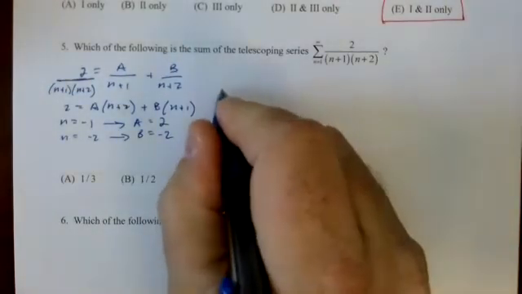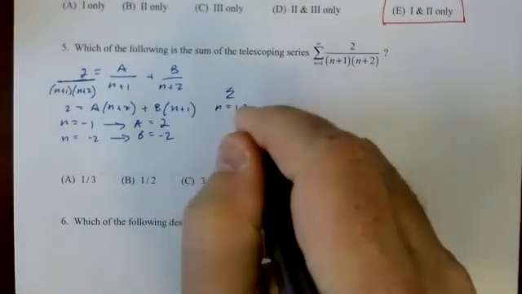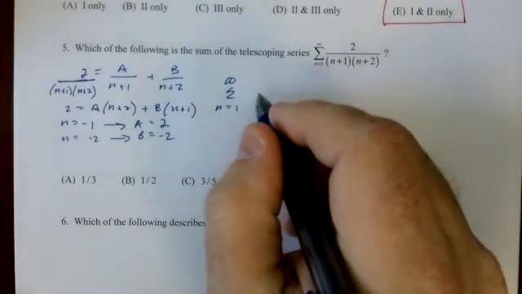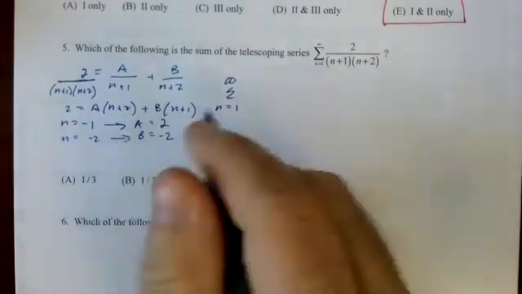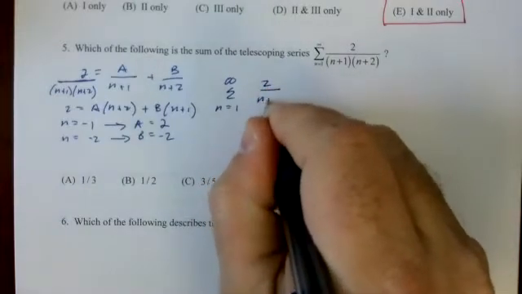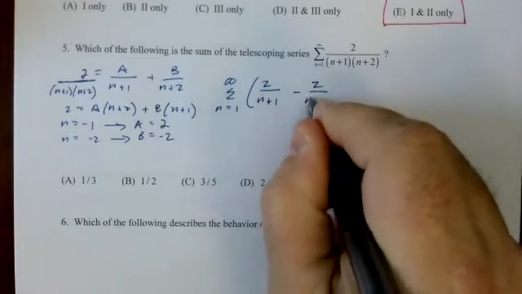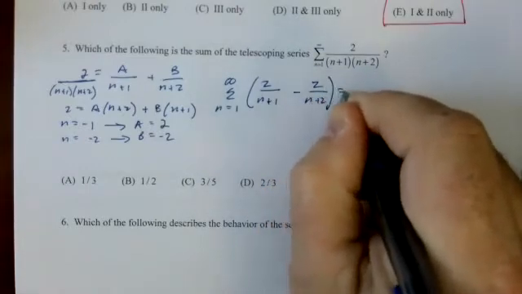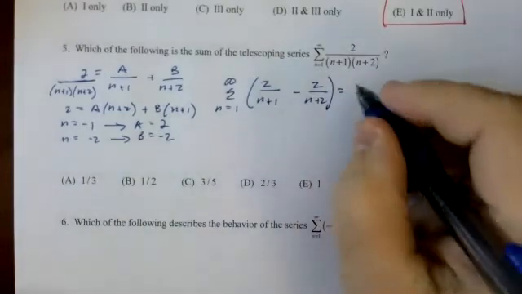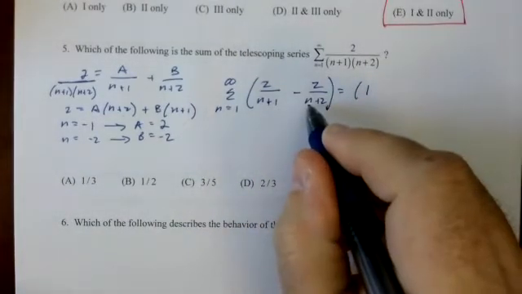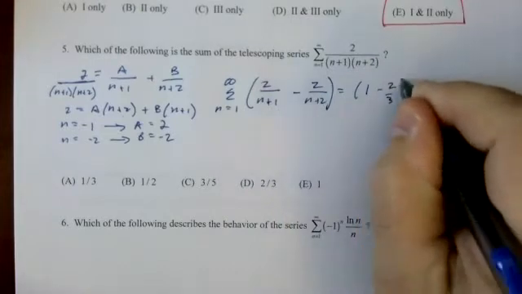So let's try it again. Sum of n equals 1 to infinity of 2 over (n plus 1) minus 2 over (n plus 2). Plug in 1 and we get 1 minus 2/3.